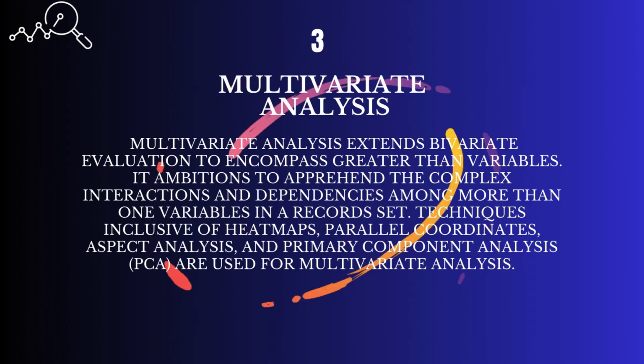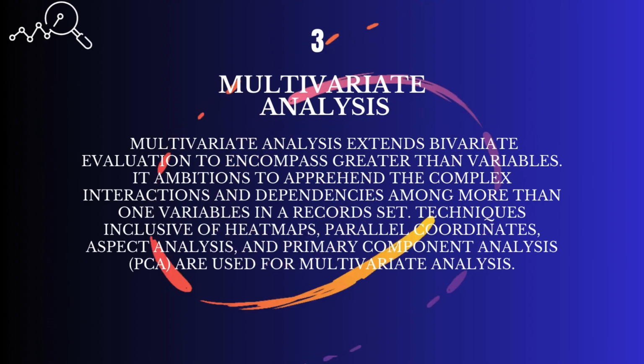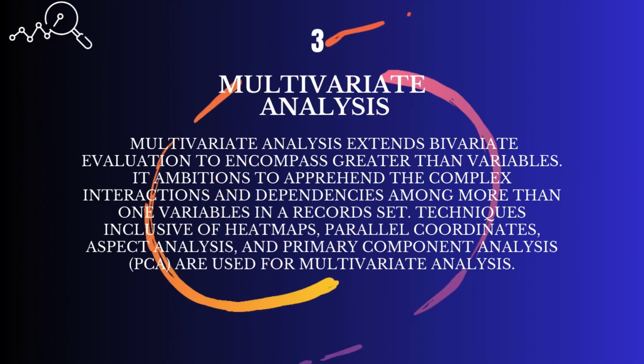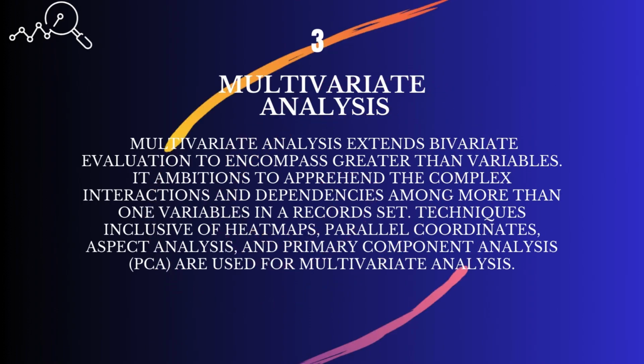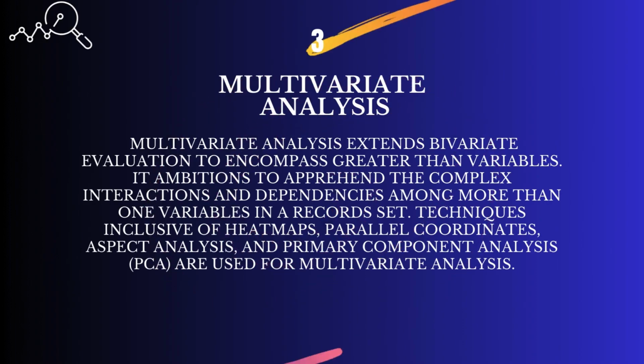For example, we can plot a 3D plot exploring the relationship between income, education level, and job satisfaction, which are the multiple variables in the data, and we can see the relationship between them. This way we cover multivariate analysis, which helps in the EDA process. Moving forward to the next type of EDA, which is time series analysis.